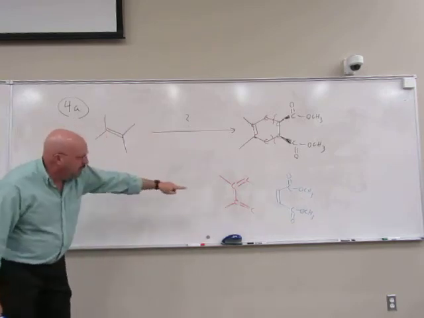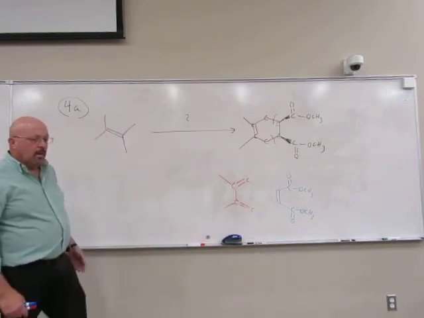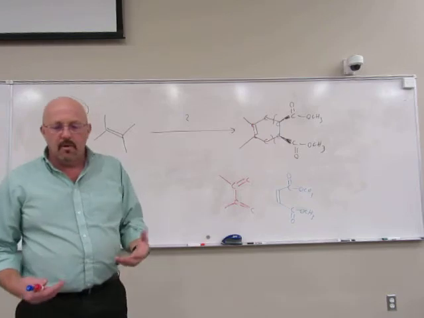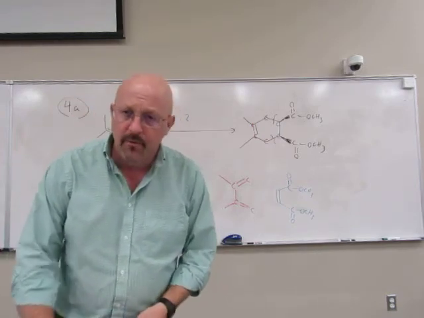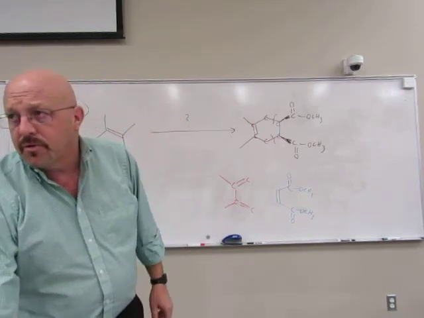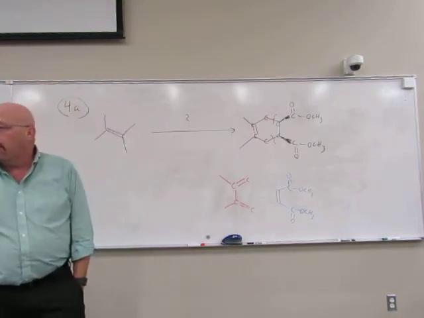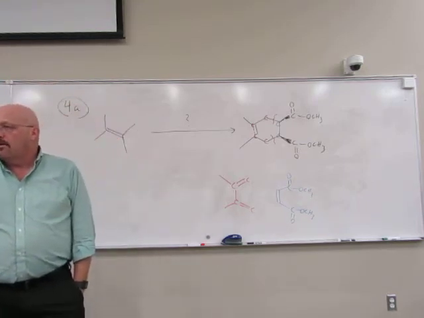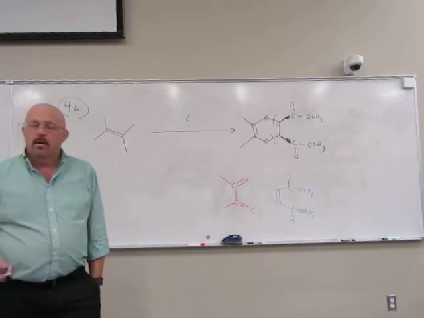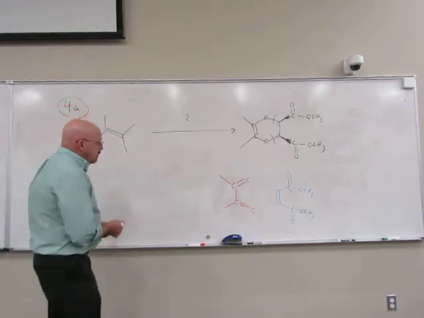So how do I get 2 double bonds on there? Well, if you recall from last semester, we make double bonds using elimination reactions. E2 was the best. We can do E1, but we like the E2 reaction.